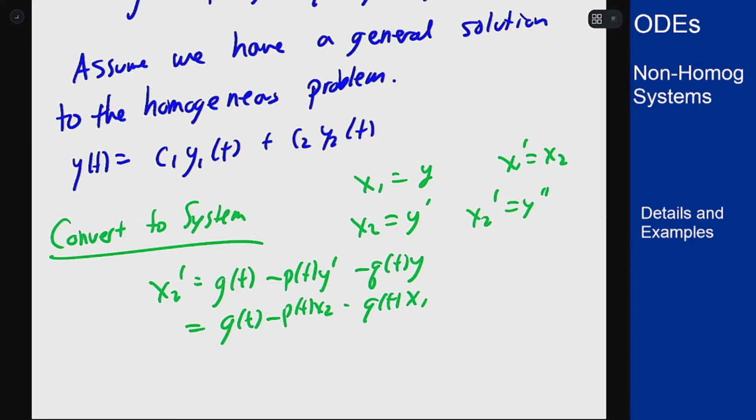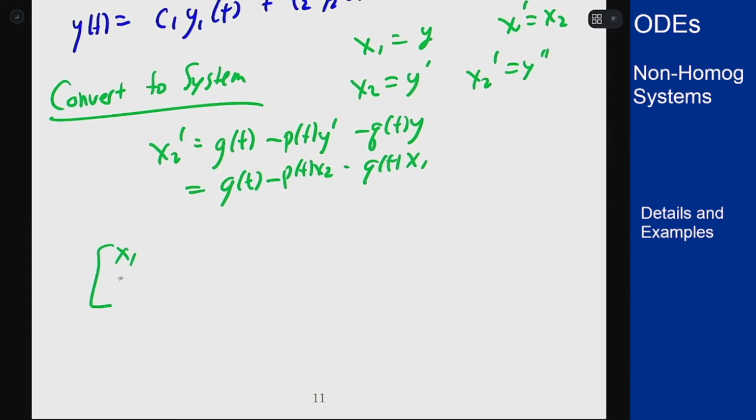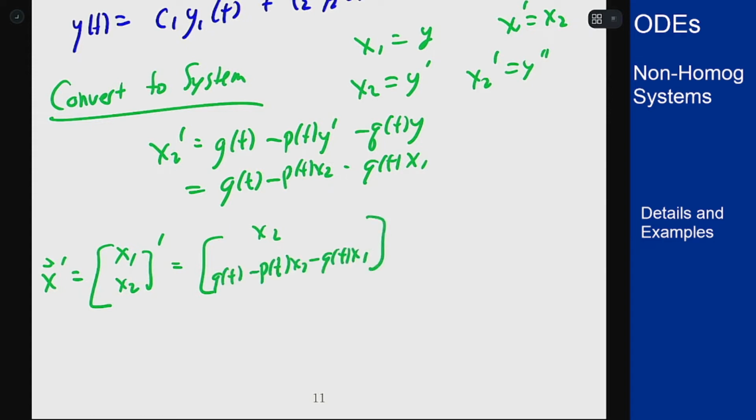So we can write this in system form: the vector (x1, x2)', or vector x', equals x2 and this expression here, which I can then break down as the matrix [0, 1; -q(t), -p(t)] times vector x, plus the vector (0, g(t)).